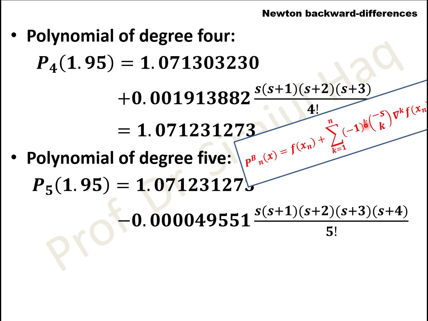Minus 1 raised to the power 5, so remember negative sign, minus s minus 1, minus s minus 2, minus s minus 3, minus s minus 4, and if you take minus sign common, so 1, 2, 3, 4, 5, minus 1 raised to the power 5, minus sign from there, minus sign from this formula, so minus and minus is plus, so you can see the sign of this term is positive, and this is nabla raised to the power 5 f of x5.